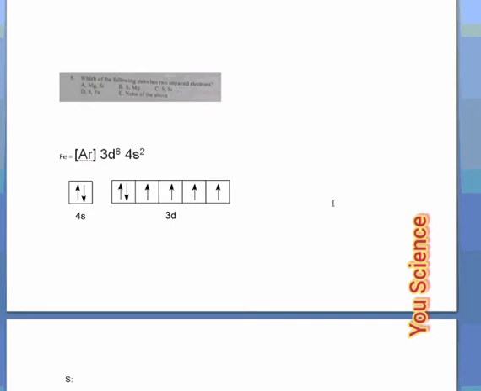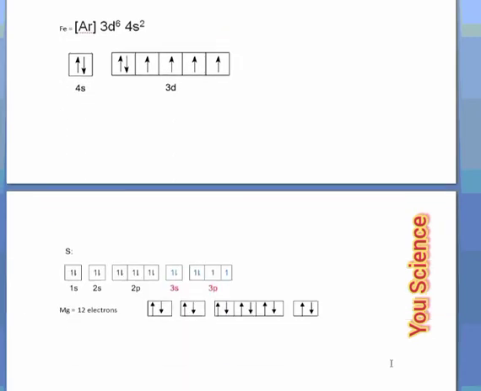Let's check for magnesium, whether magnesium also has two unpaired electrons. Now this is the electronic configuration of magnesium with 12 electrons. Now if you look at it, you will see that the 1s is filled, 2s is filled, the 2px orbital is filled, the 2py orbital is filled, the 2pz orbital is filled, and the 3s orbital is completely filled.